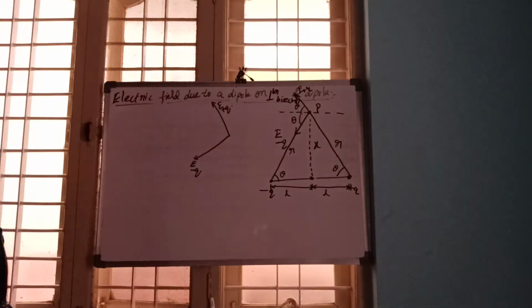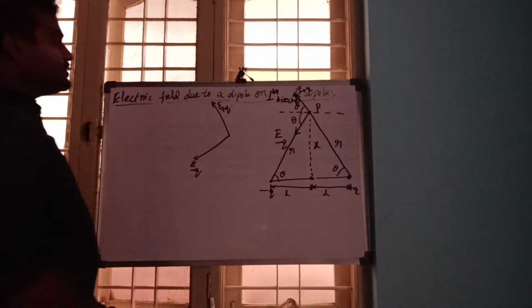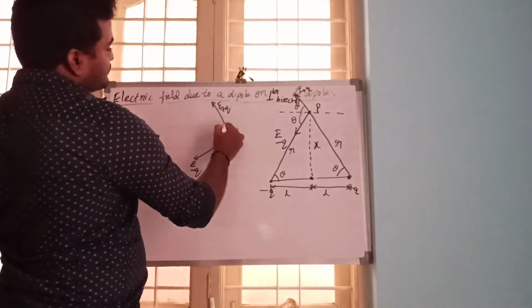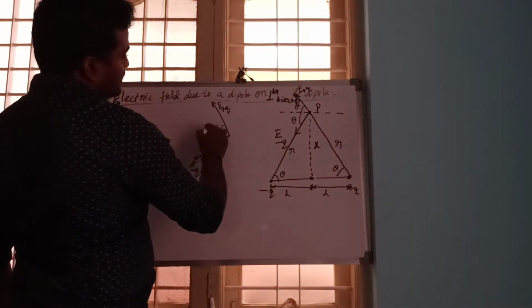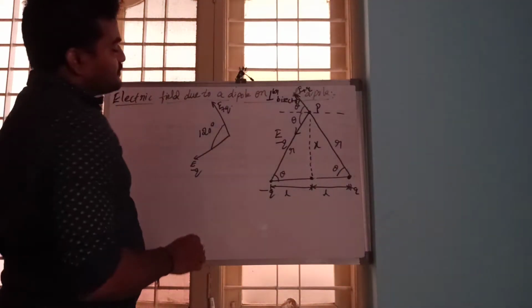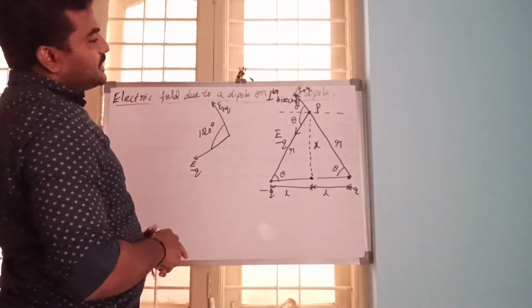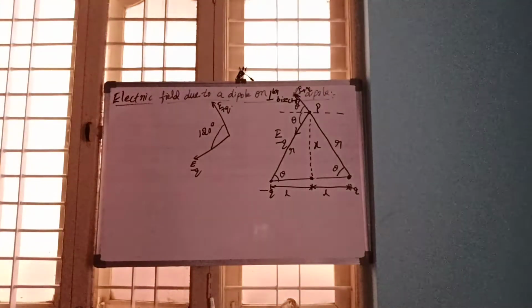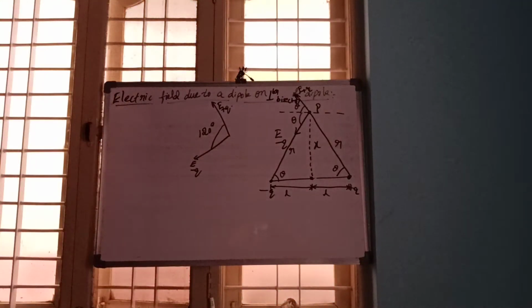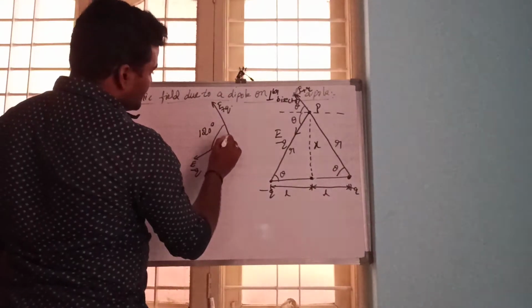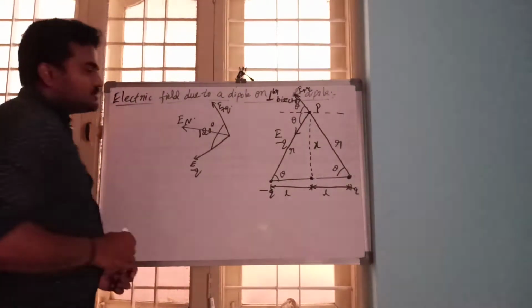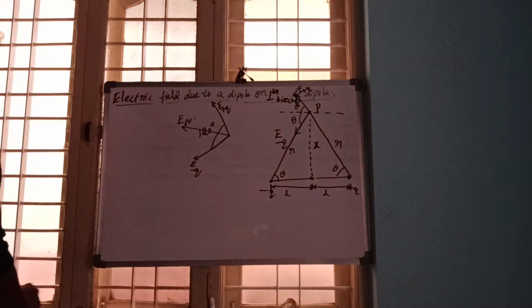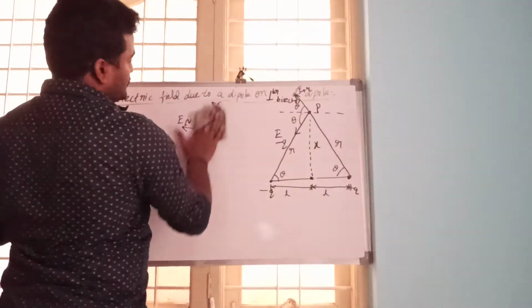Now what is the angle between the two vectors? It will be 120 degrees. So the net resultant will be like this. So let us calculate that value.